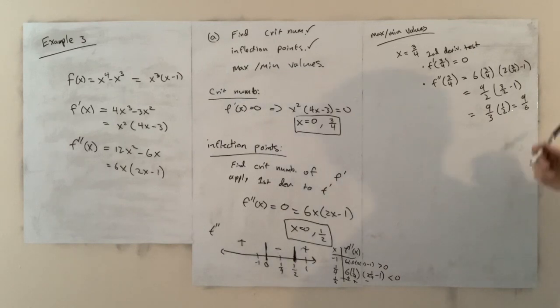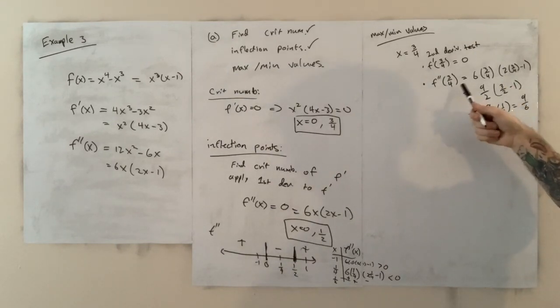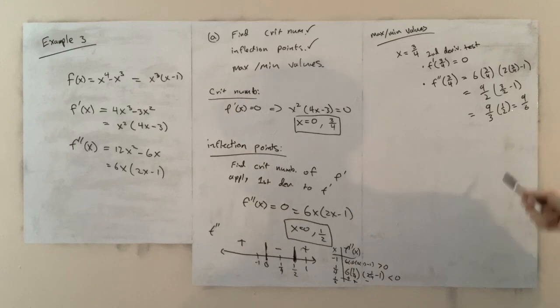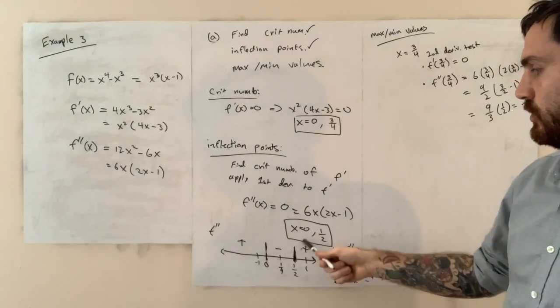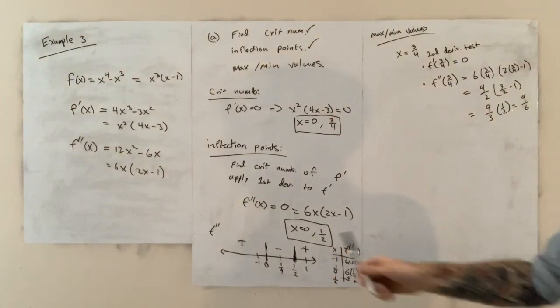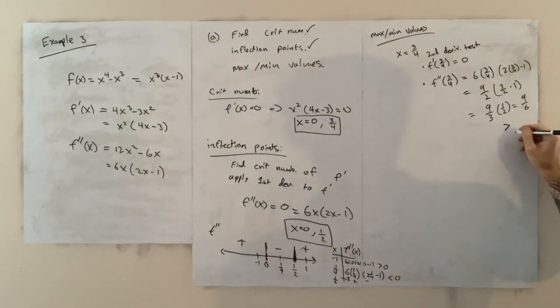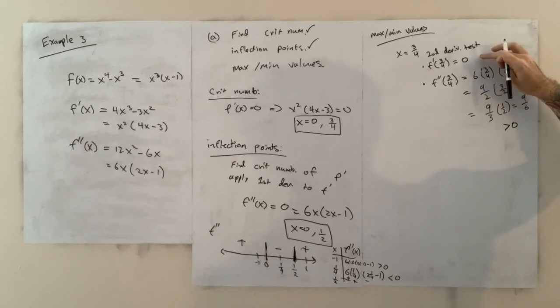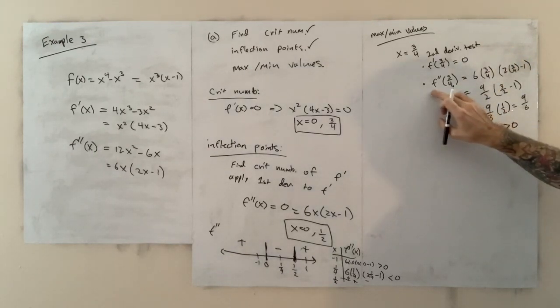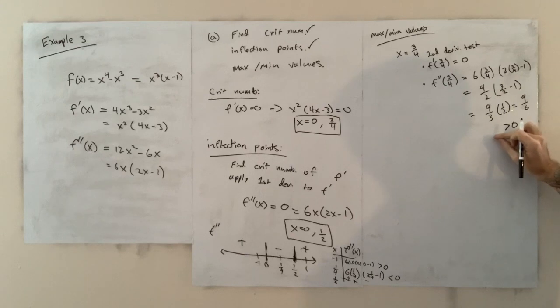But it doesn't actually matter if this is this exact value. What actually matters is we know that 3/4 is greater than 2/3, so the second derivative is positive. We actually already figured that out. So what that tells us by the second derivative test is that here we know it's a critical number, and the tangent line has to be completely below your function.